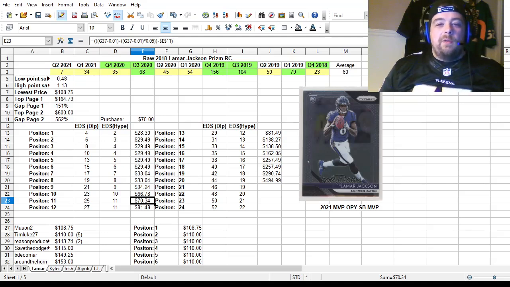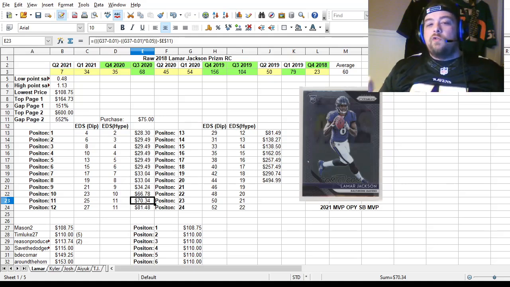I took all this quarterly sales data from COMC. I crunched some numbers and figured out some dip and some hype. Basically, I took the average of all the quarters and divided them out and figured out the average, and everything above average is a peak time and everything below average is a dip time.